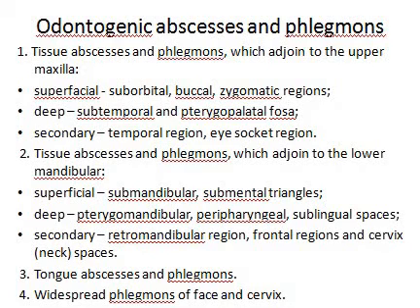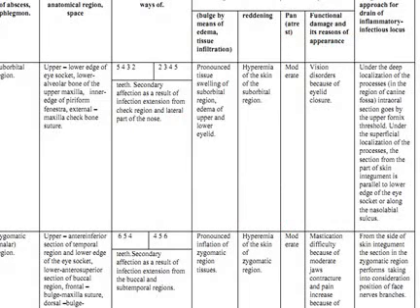Let me show you on the tablets. I will send it to your groups, and you have to check it and learn the names of the phlegmons, the anatomical borders, the causative factors, the symptoms, and the surgical approach to drainage of abscesses or phlegmons.